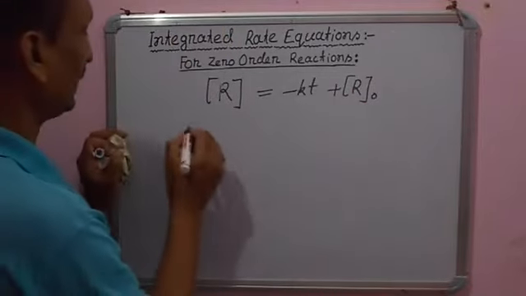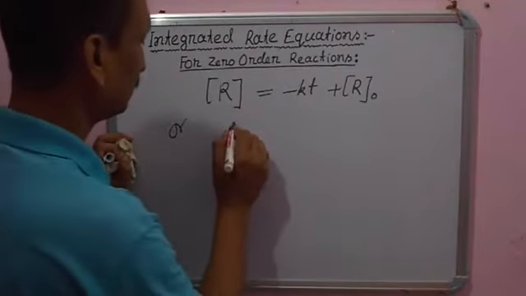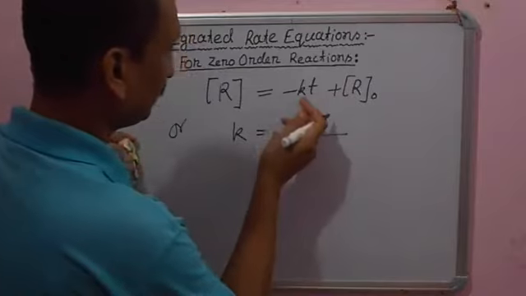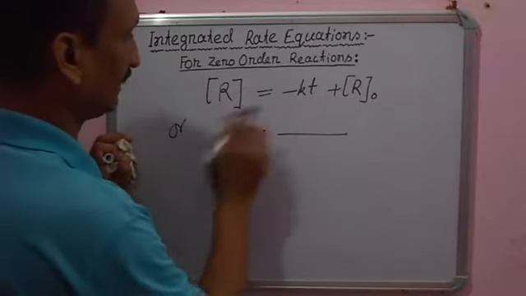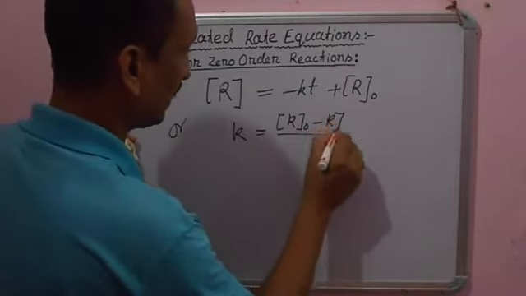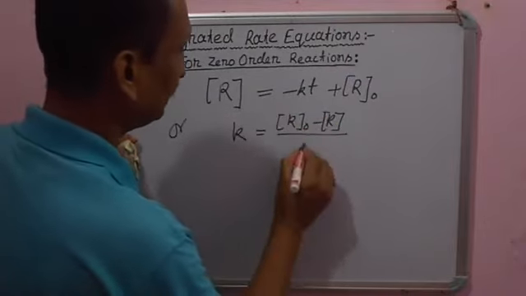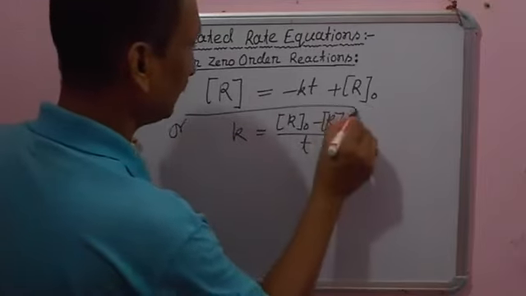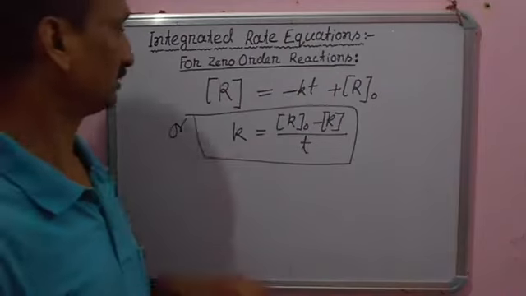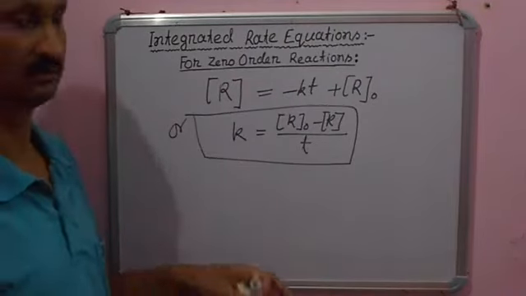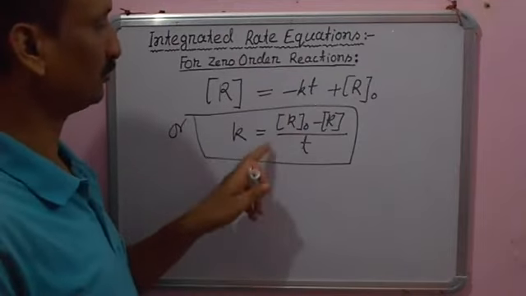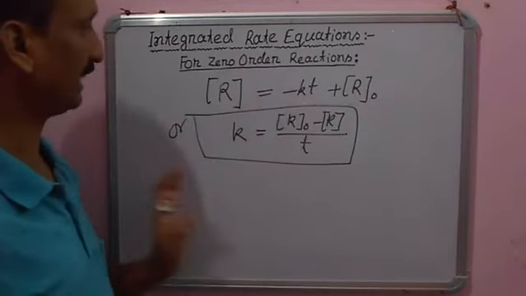If you rearrange it, bringing kt to this side, k will be equal to ([R]0 minus [R]) divided by t. So this is the integrated rate equation for the zero order reaction that we have to remember, and accordingly we will do some numericals next.